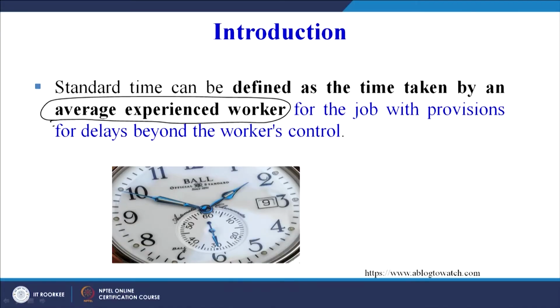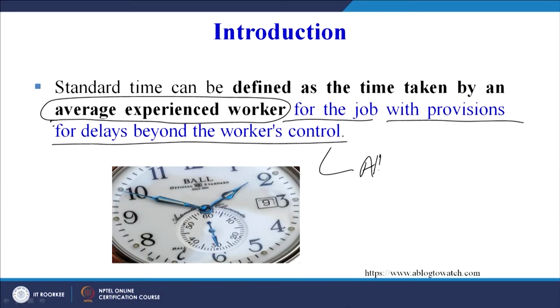When we are trying to find a standard time for an operation, the worker has to be experienced, skilled, qualified. So standard time can be defined as the time taken by an average experienced worker for a specified job, with provisions for delays beyond the worker's control, which means that we need to provide certain allowances for the delays beyond the worker's control.